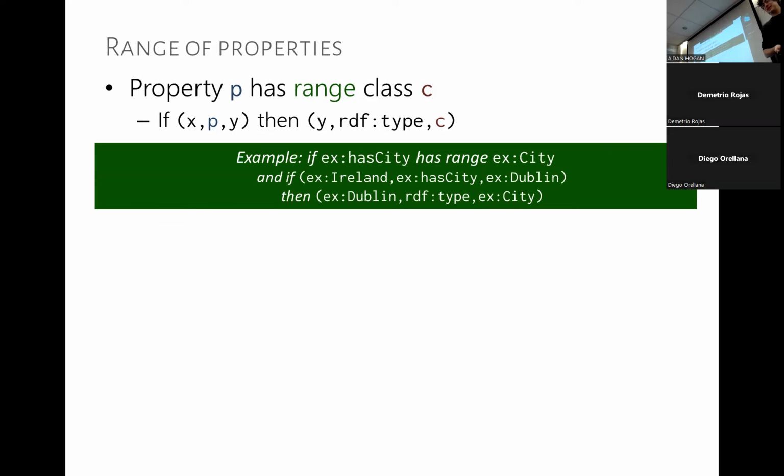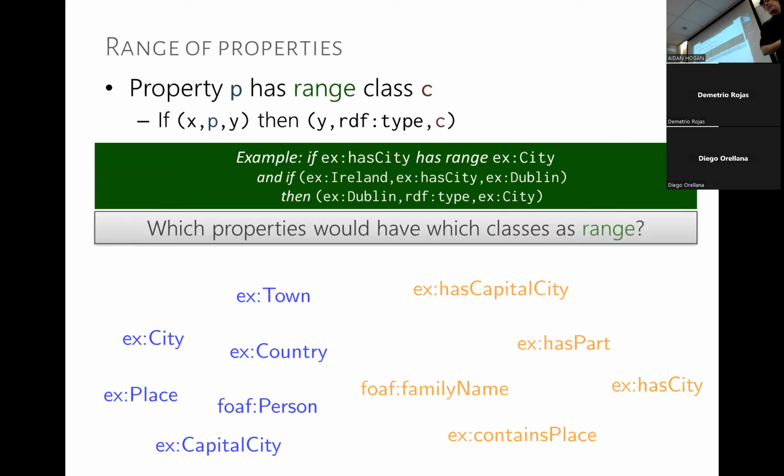Seem reasonable? So which properties would have which classes as range here? Let's say has capital city could be city, could also be more specifically capital city. What about has part? Doesn't seem to be a good candidate, no? Lots of things could have has part. If A has part B, it doesn't mean that B is a town, or B is a city, or B is a country, right? We can't really tell from that.